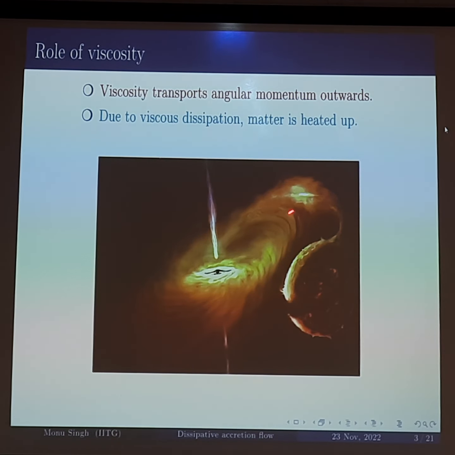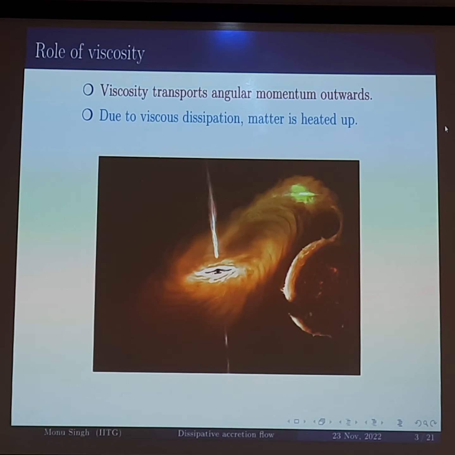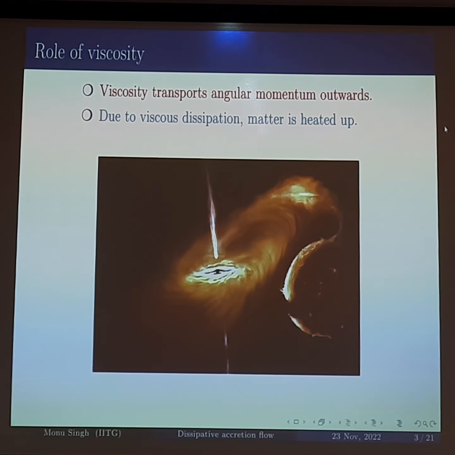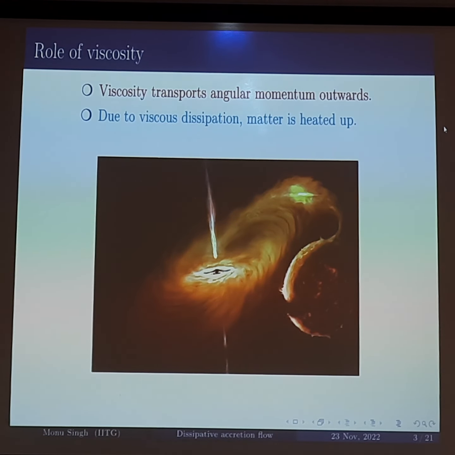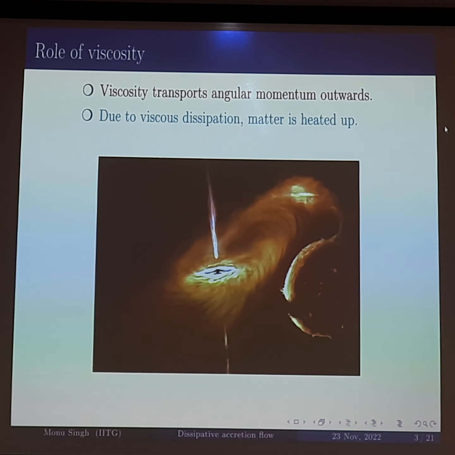Then only can matter fall into the black hole. So first, viscosity transports angular momentum outward. Another thing is that when there is a fluid and one layer moves over another, the matter gets heated up. So these are the two roles played by viscosity: one is to heat the fluid, and the other is to transport angular momentum.